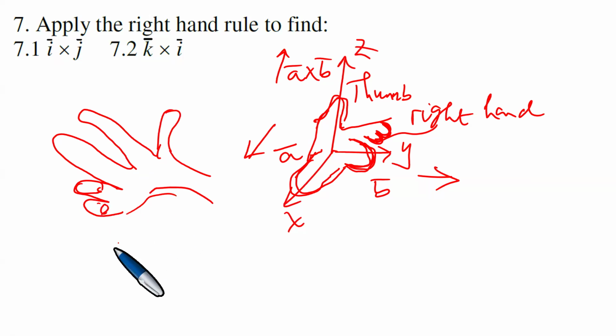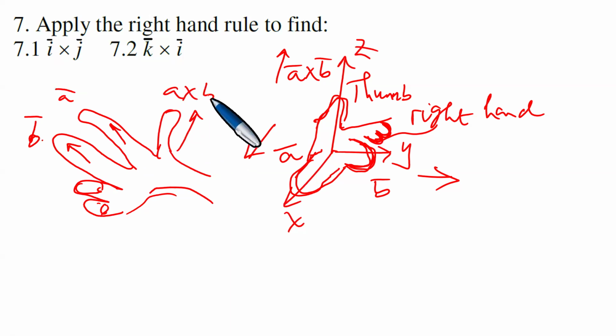So if this one is vector B and this one is vector A, then up here you would have A cross B.